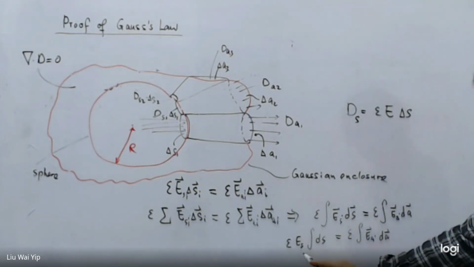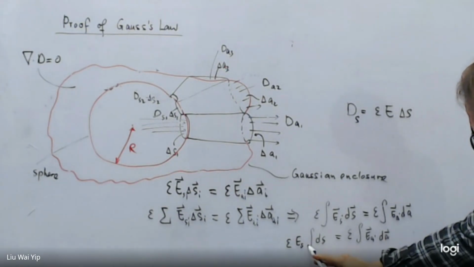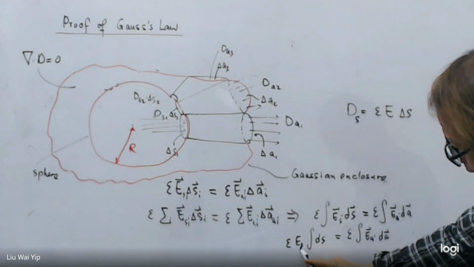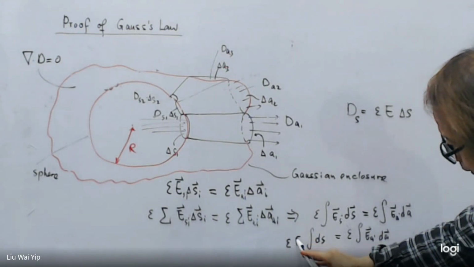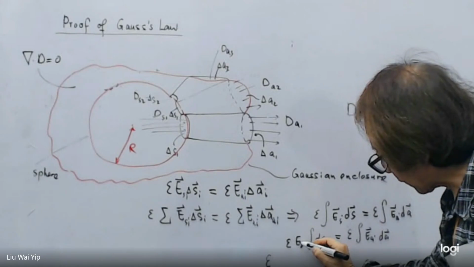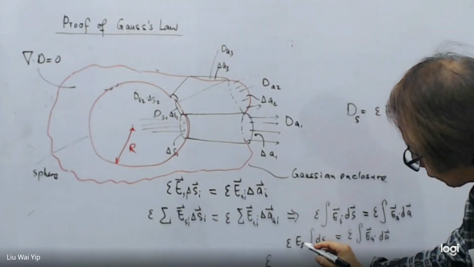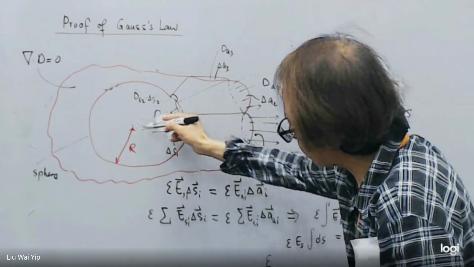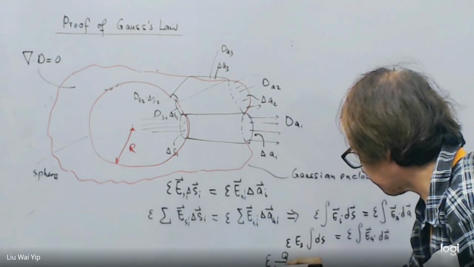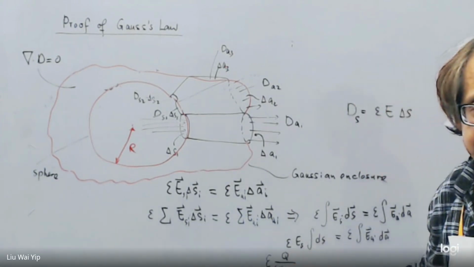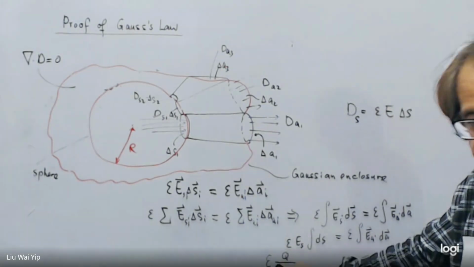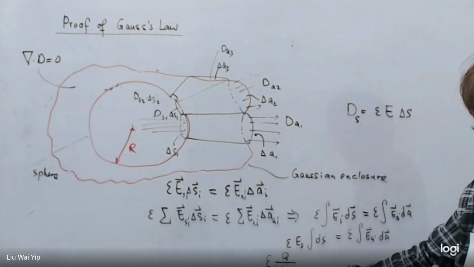So now, if you take a look here, we are going to use Coulomb's law to evaluate this electric field. If memory serves me well, by Coulomb's law, the electric field on the surface of this sphere can be calculated as 4 pi, I'm sorry, we run out of space here.